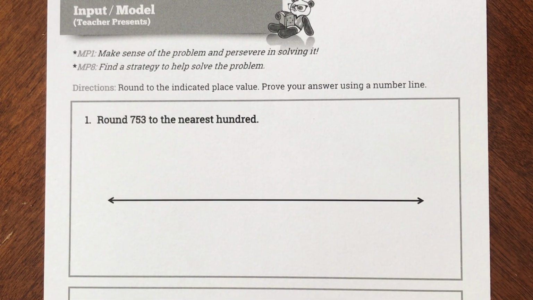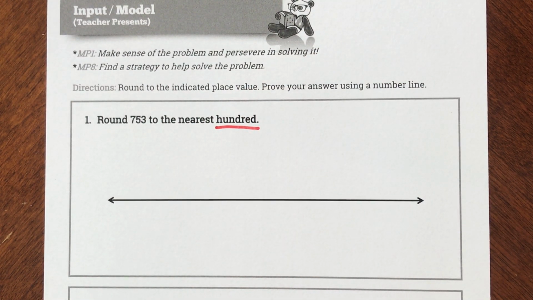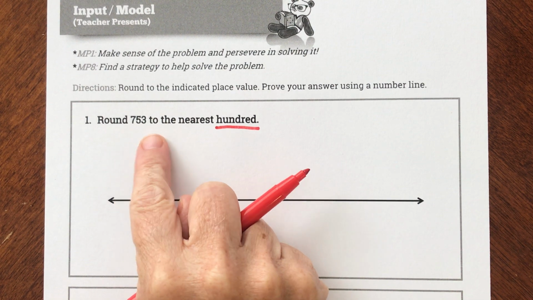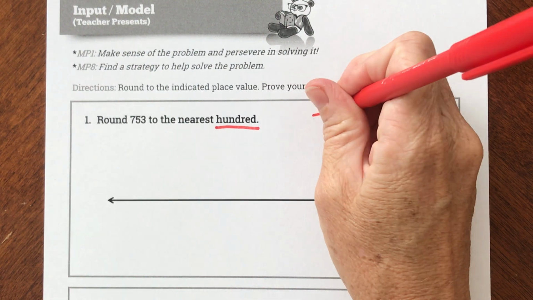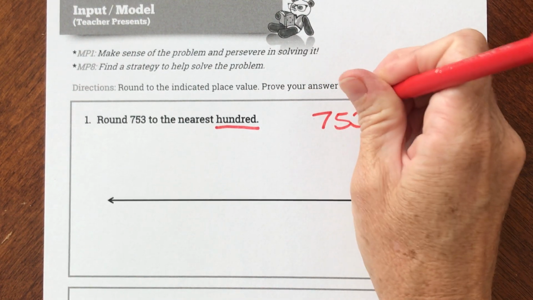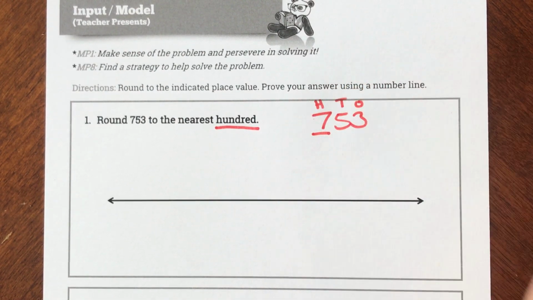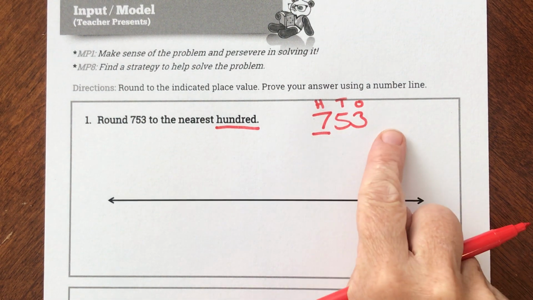My first problem says round 753 to the nearest 100. Which means in my number 753, I need to underline the place value that's in the hundreds. And I might even write it larger so you can see. Well, I know that's my ones, my tens, and my hundreds. So I'm going to underline the 7. That 7 stands for 700.